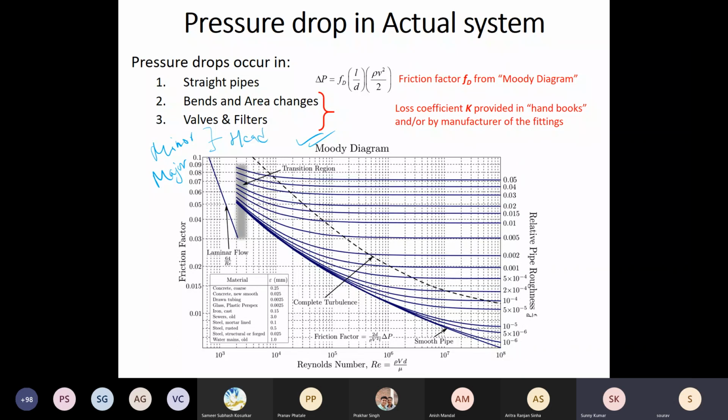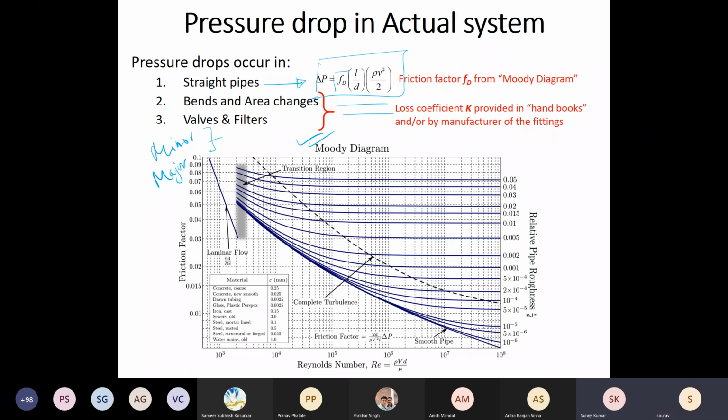Different books have different terminologies. The whole idea is that even in a straight pipe, because of viscosity, you have pressure drops, and hence even if you have to pump water in a horizontal pipe, you require a pump, an external work input device, to overcome this pressure drop.